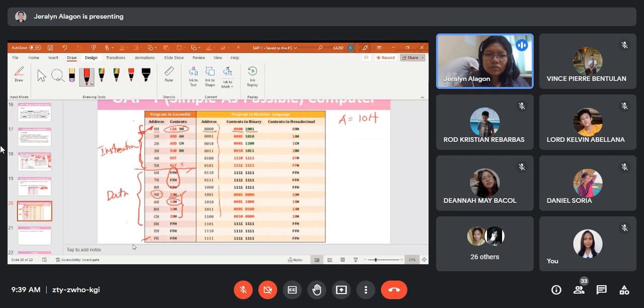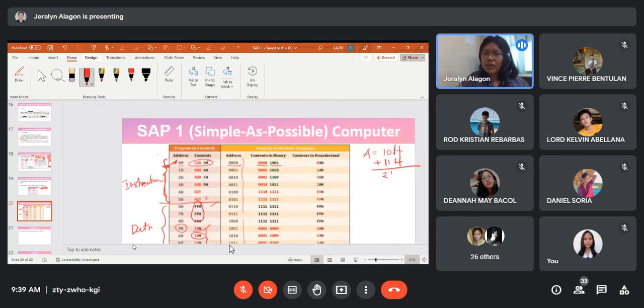11. Meaning the value 11H is added to the accumulator, so this is plus 11H. The sum after the operation becomes 21H and this is stored again in the accumulator.